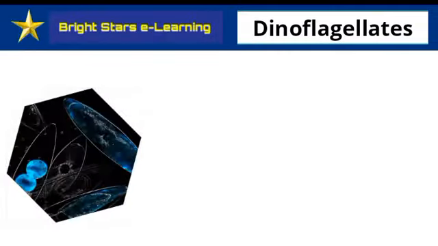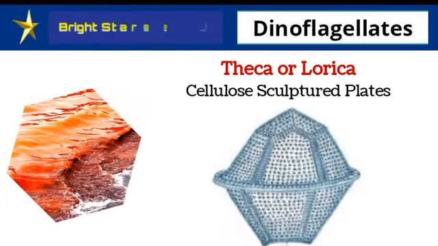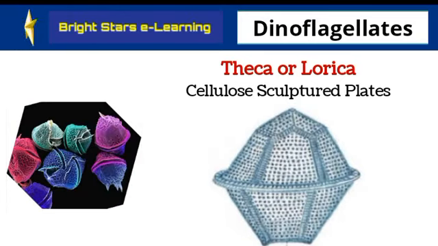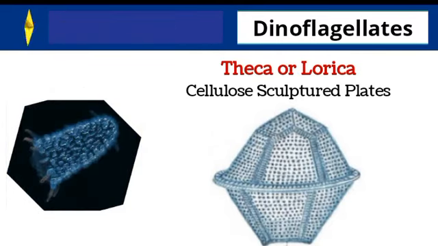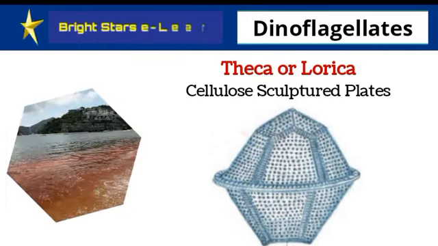The next important feature of dinoflagellates is the presence of theca or lorica. So a cellulose sculptured plate is called theca or lorica. You can see in this diagram theca or lorica with many plates. Each plate has again sculptured cellulose.